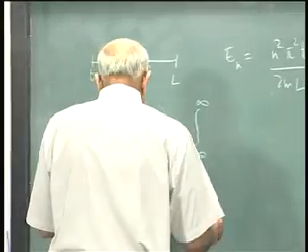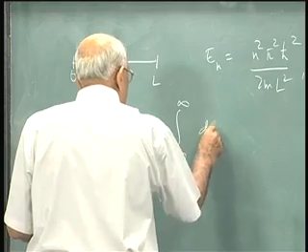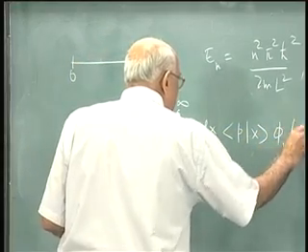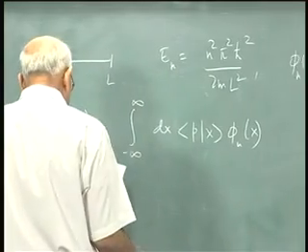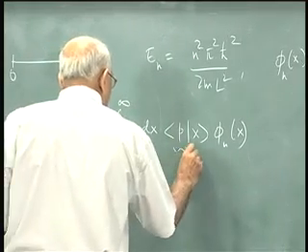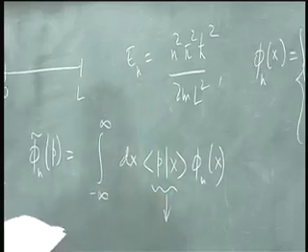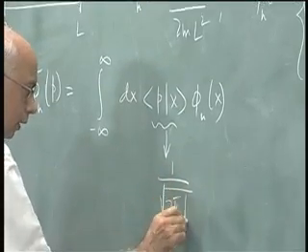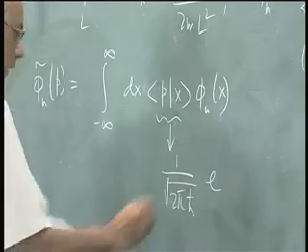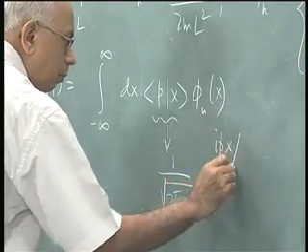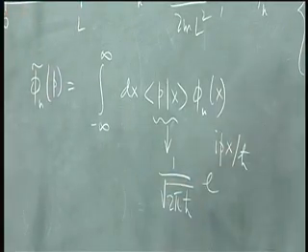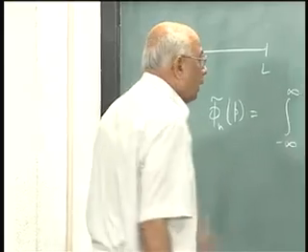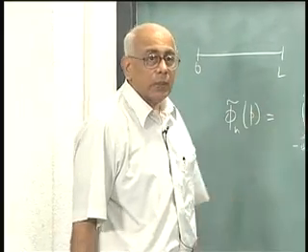Phi n tilde of p was equal to dx, p x phi n of x, and this quantity here, the normalized value px, is 1 over square root 2 pi h cross e to the power, the convention we have is e to the I px over h cross, and the idea is to compute this quantity here.